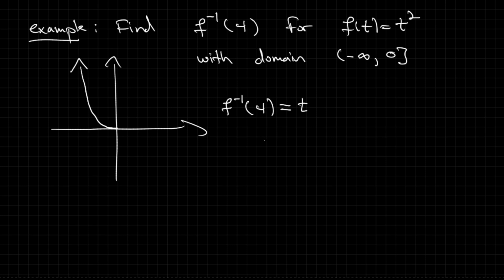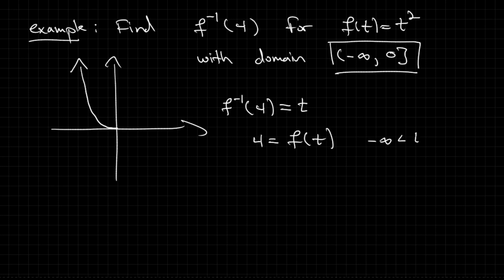Remember, inverses switch inputs and outputs, so this means that 4 would be f of t. But not just that. We also need the fact that these t's, these inputs that are allowed, are the t's that are between minus infinity and 0. So I'm going to write that. So minus infinity less than t less than or equal to 0.